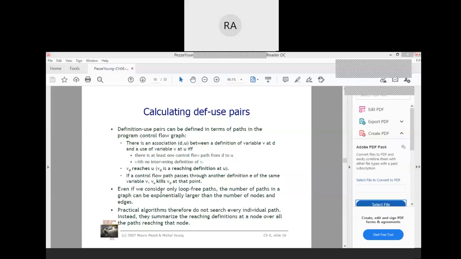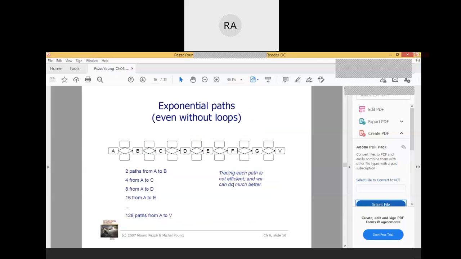Then after that, we have something called exponential paths. How many paths are present over here? If these are all nodes they have considered, how many paths exist between these nodes?